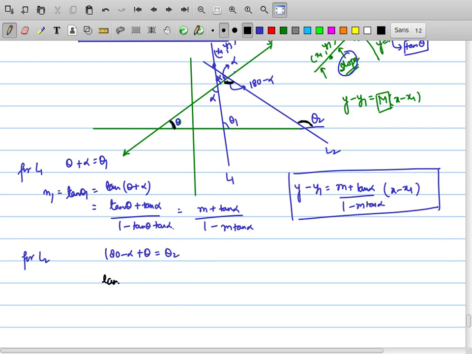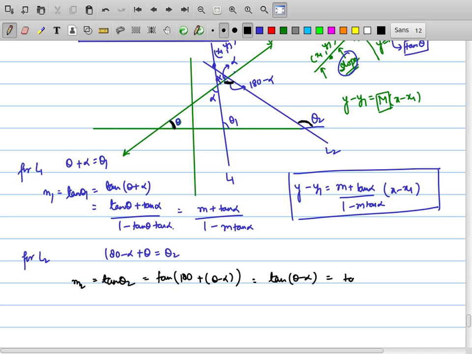If we take tan both sides, tan theta 2 is tan of 180 minus alpha plus theta, or we can write 180 plus theta minus alpha, and tan 180 plus theta is tan theta itself, therefore tan of theta minus alpha.